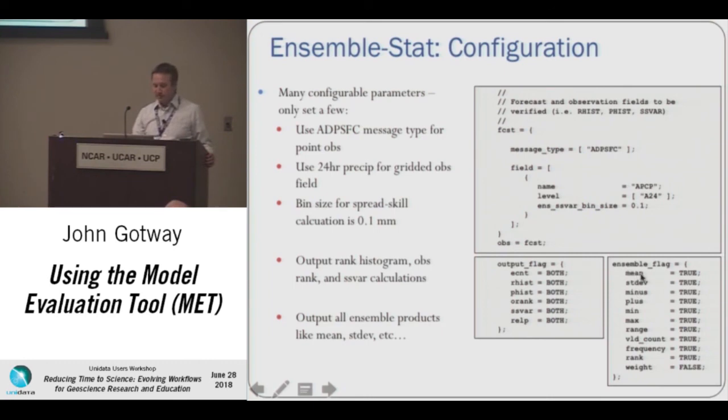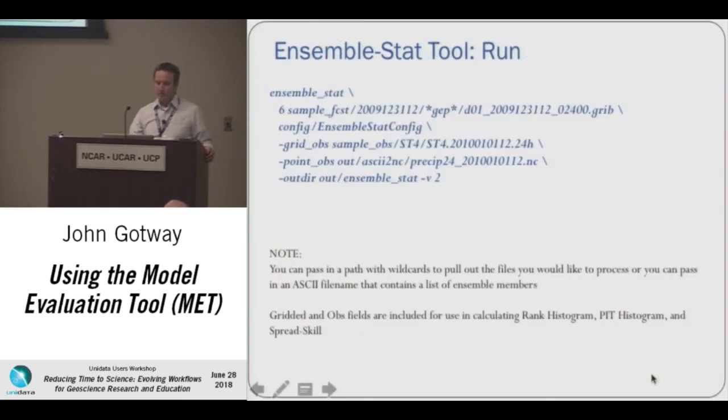So here the ensemble mean, standard deviation, min, max, range, that sort of thing. In MET, we support, again working with folks at NCEP, grid weighting based on the cosine of the latitude for global grids. So basically, if you've applied grid weighting, then you can write that out to the output here.